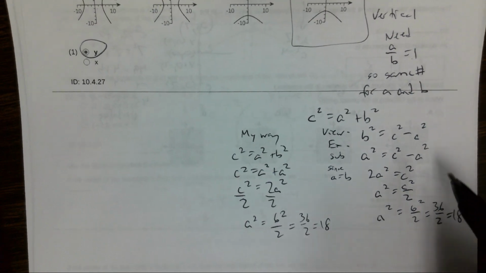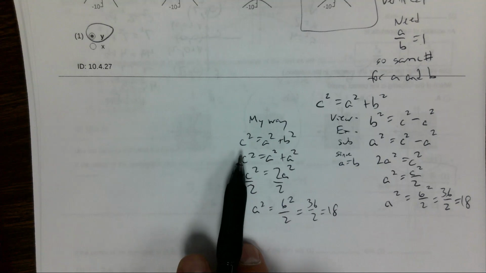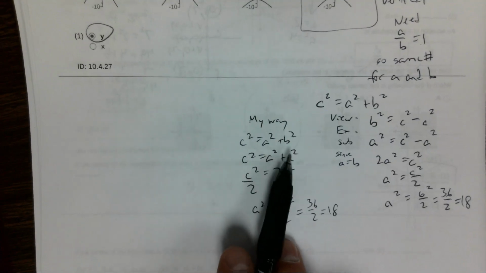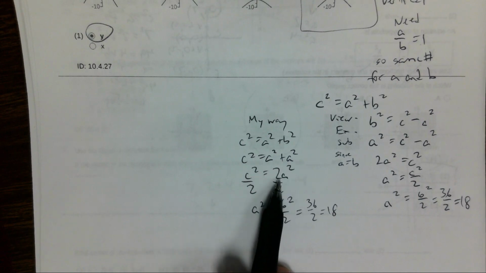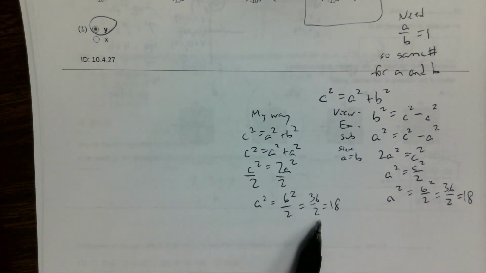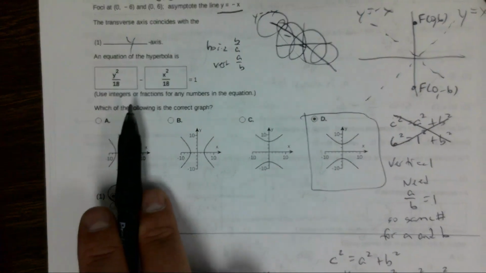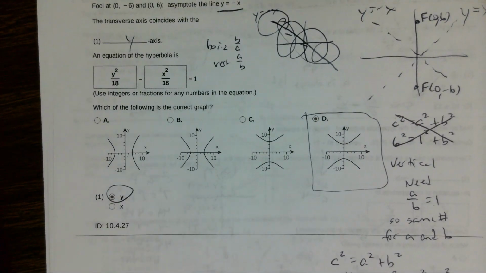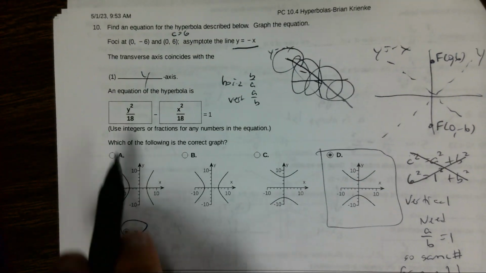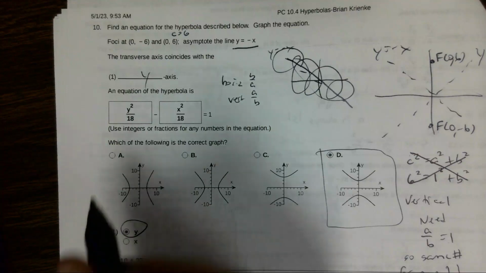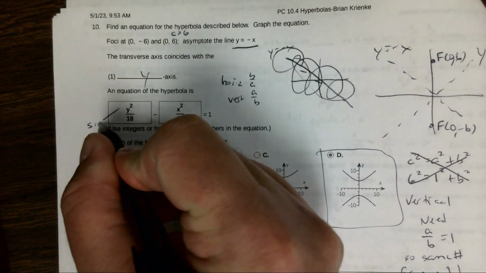That's fine. My way is more like c squared equal a squared plus b squared, and then just say a squared plus a squared is 2a squared, and then you get the same result. And so then you would still have 18 for both of these. And then the main thing is, because it is vertical, you need your y squared first, since it's vertical.